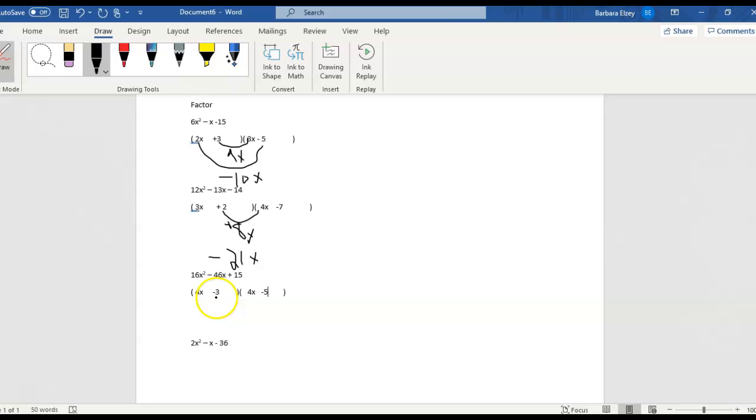If I check the inside, this will be negative 12x. And if we check the outside, that will be negative 20x, and that adds to negative 32, which is not negative 46. So something is a bad choice.